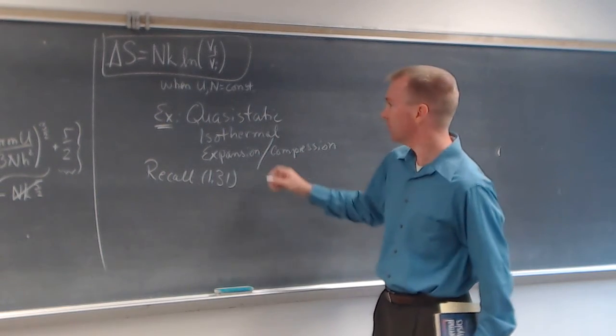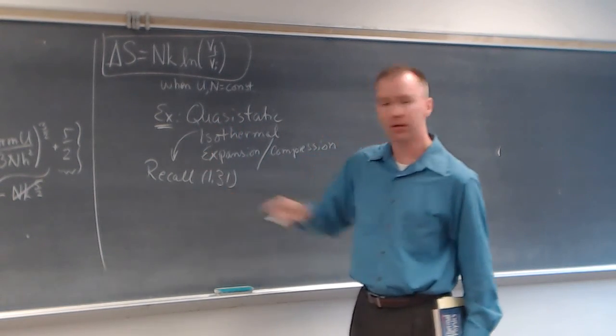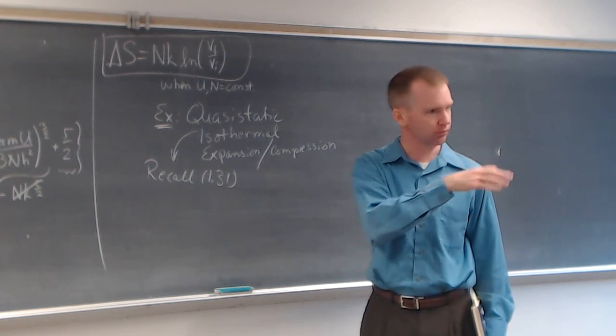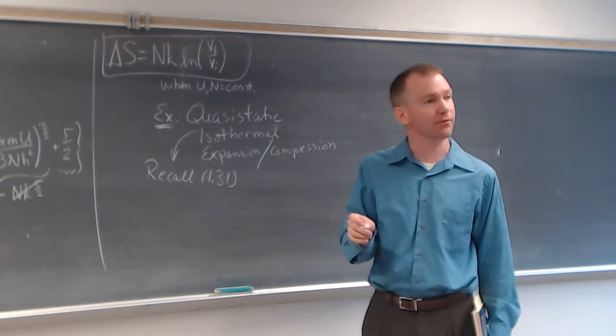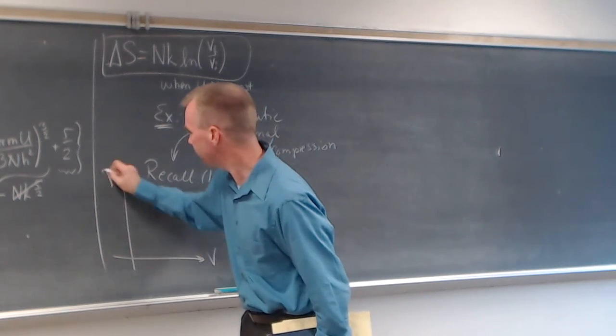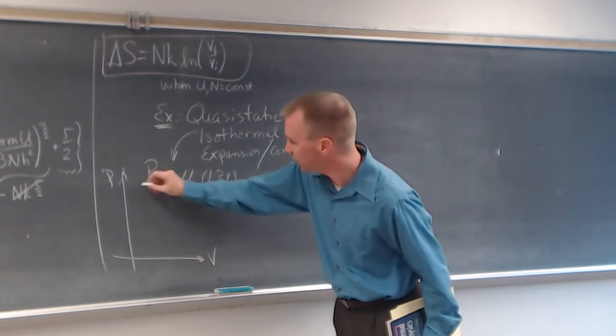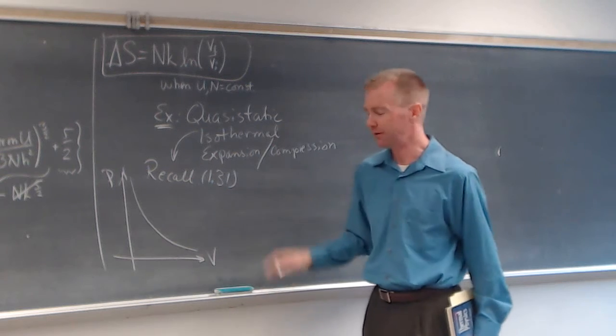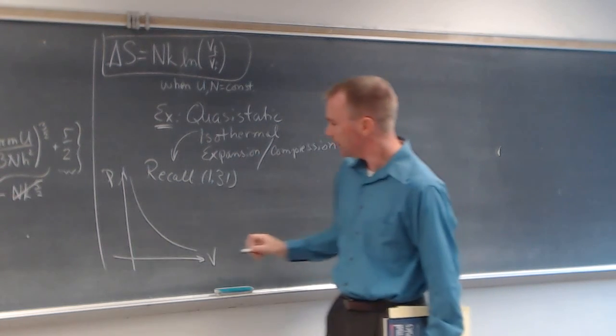And in that case, we found that the heat flow, this is back in chapter 1, the heat flow for an isothermal process like that, on a PV diagram, remember, the isothermal processes look like this, a nice hyperbola.